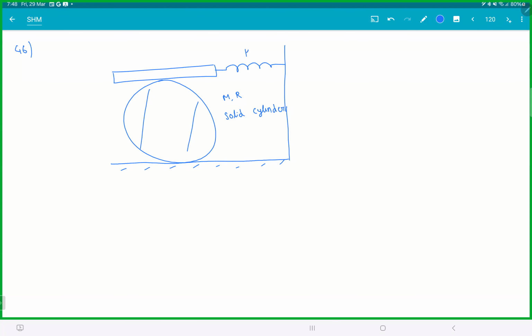Solid cylinder, mass M, radius R, spring K. This is a plank, mass M. There is no slipping anywhere.